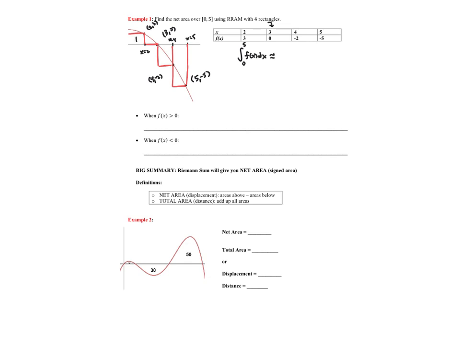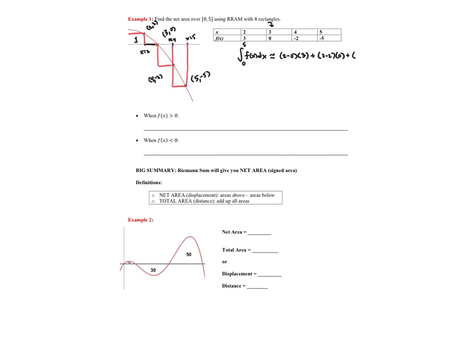Of course, our first rectangle here would have a width or a base length of 2 minus 0 and a height of 3. Our second rectangle, of course, has a width of 3 minus 2, but has a height of 0, right? You can see the height here is 0, so clearly that will not accumulate any area.